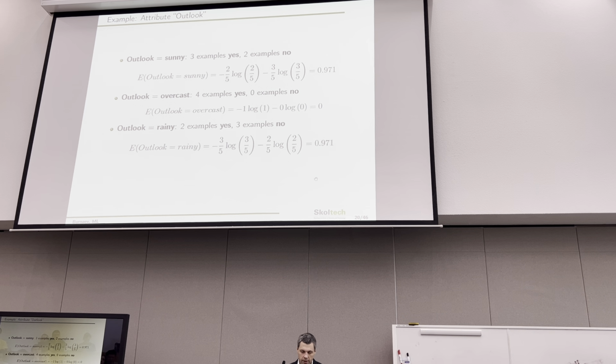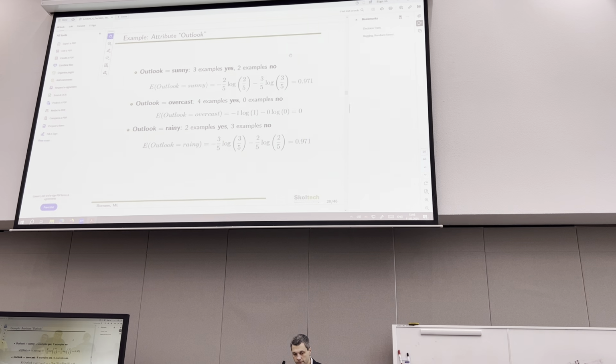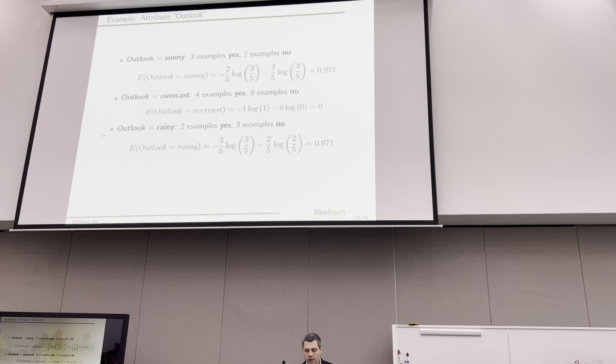So what do we do next? First we should select which attribute, which feature, to use as the root. What if we select the outlook as the root? When the outlook is sunny, we have two examples with no and three examples with yes.